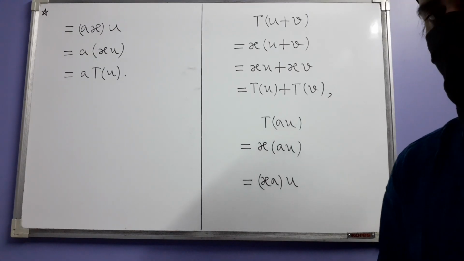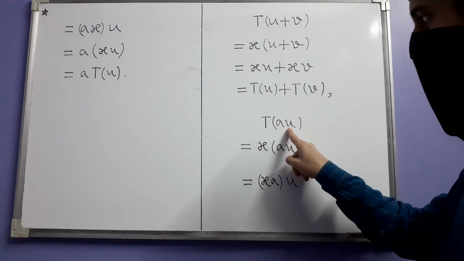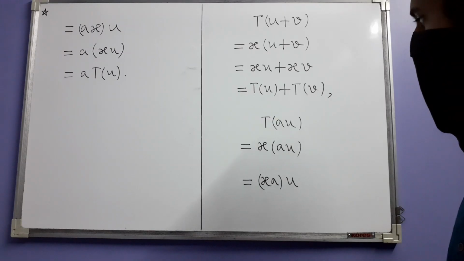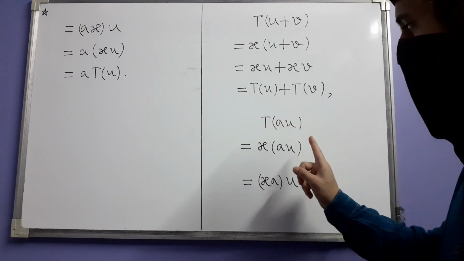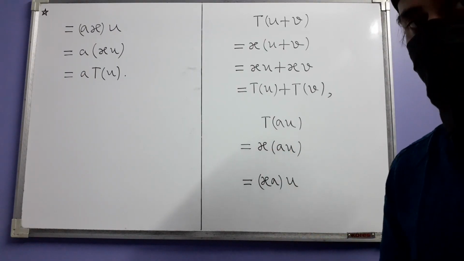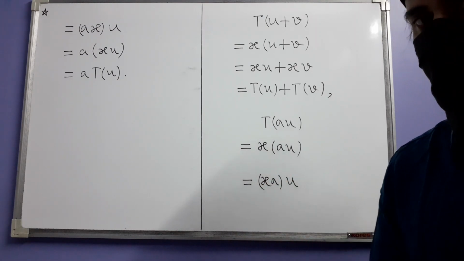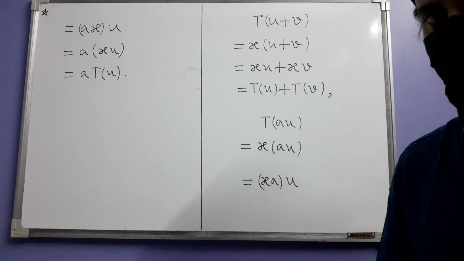And for scalar multiplication, we next consider T of au, where u is a vector and a is a field element coming from the field K. So by definition of T, this is x times au. Now note carefully that this a is a constant polynomial and this x is a linear polynomial. Both are polynomials after all. And this u is a module element.